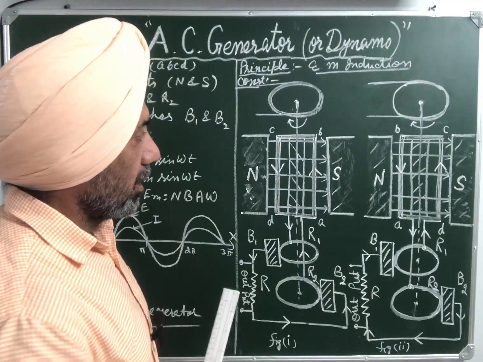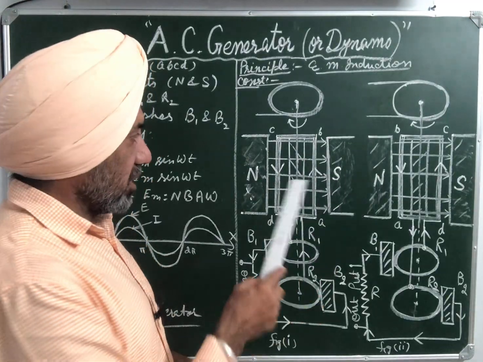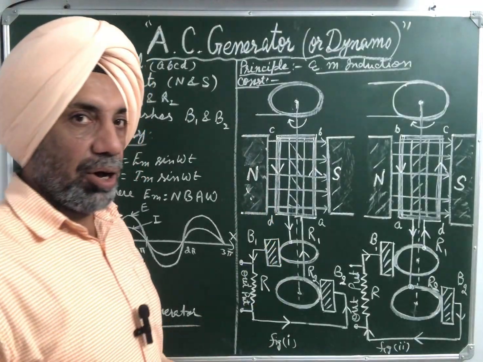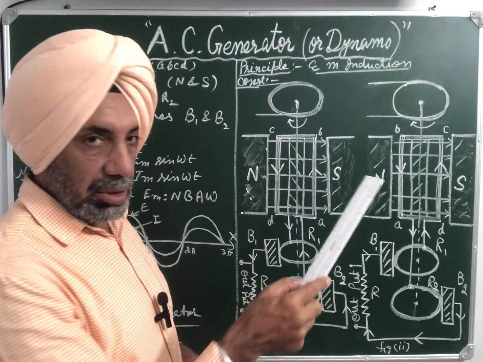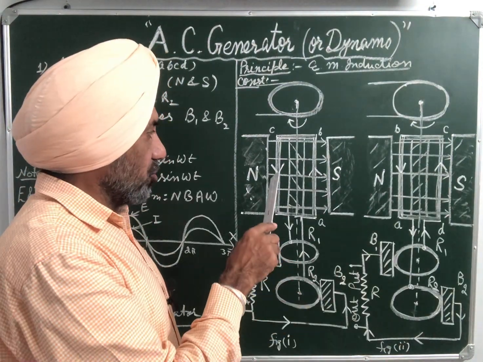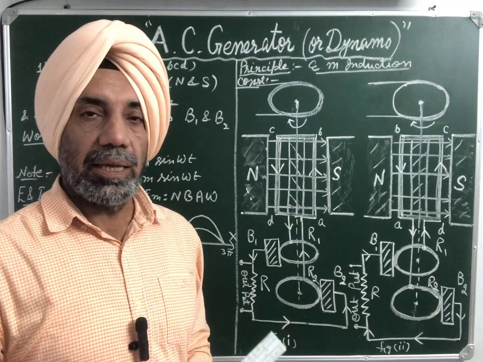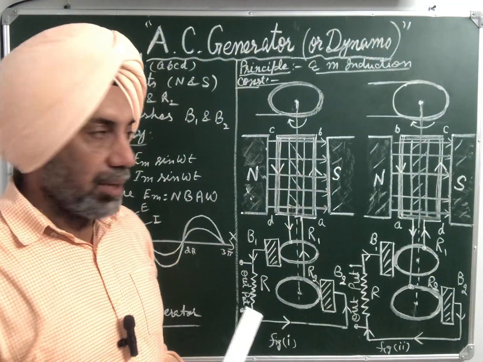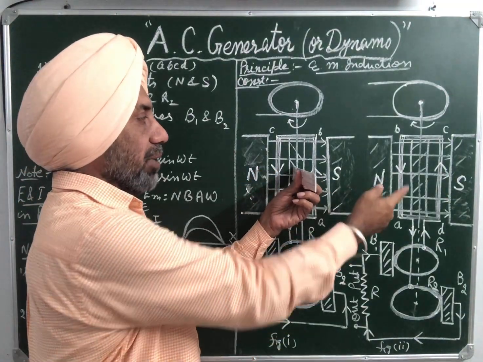So that now AB is coming out of the plane of paper, CD is going into the plane of the board. Then the magnetic flux will change because angle between normal to plane of coil and magnetic field will change.